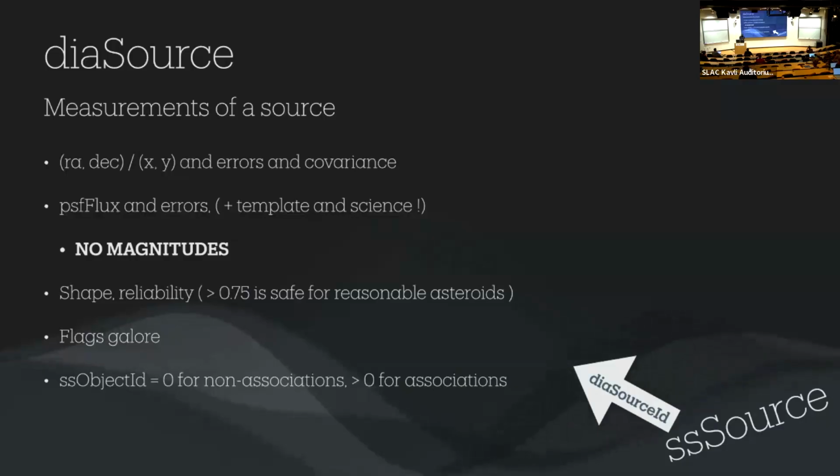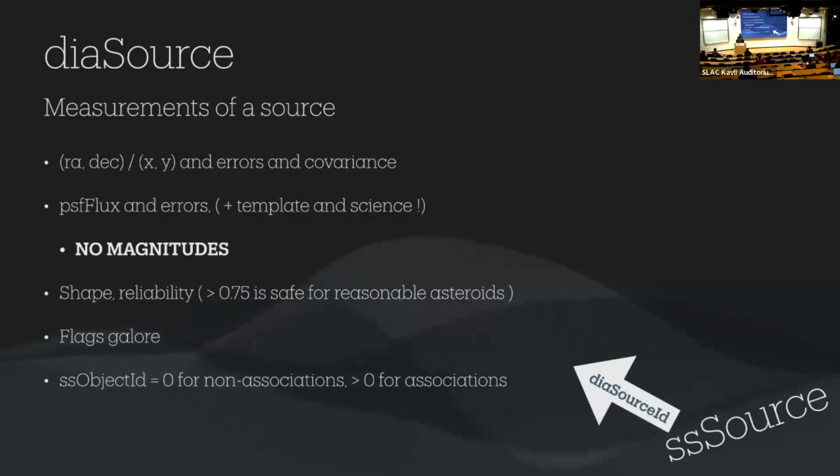The dia sources have shape information and real-bogus, which you might have heard about in the previous session here. Real-bogus scores, reliability scores. Almost every source of every asteroid in DP2 has a reliability score over 0.75, and most dia sources in DP2, I believe, have reliability scores less than 0.75.